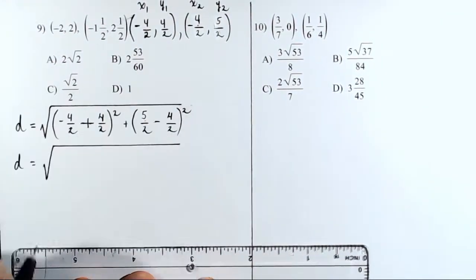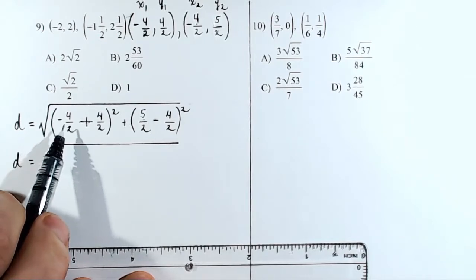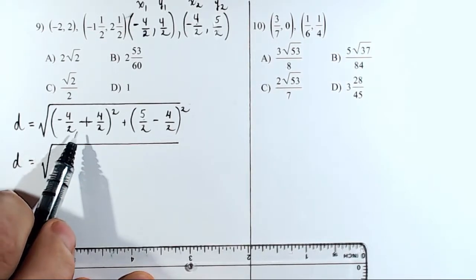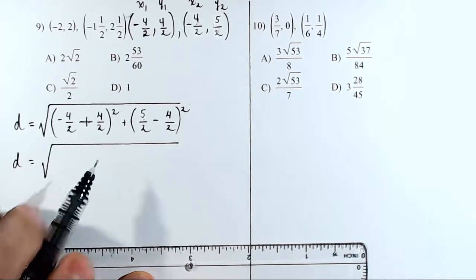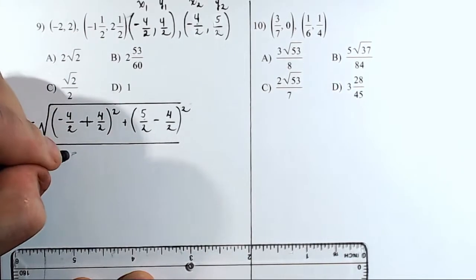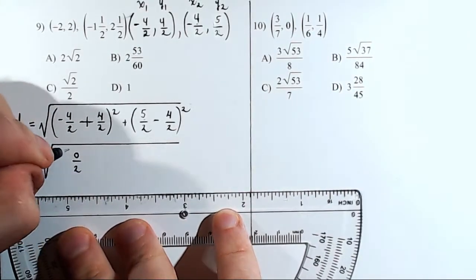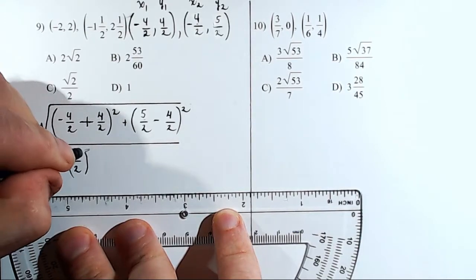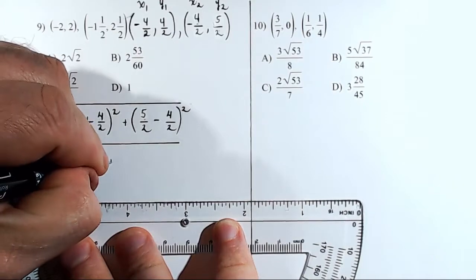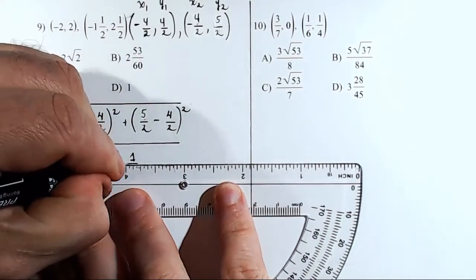All right, so we've got here, is this right? 0? I mean, this looks like 0 over 2 squared, which would just be 0. All right, we'll see. Plus, and then 5 minus 4 is 1, 1/2 squared.